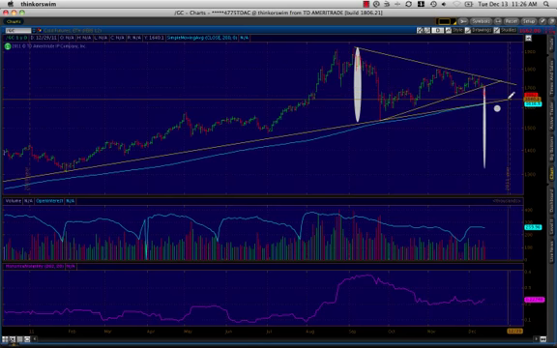So we're looking for something a little bit more aggressive in this case in gold, and we will put on an aggressive bearish position if we get this break below this uptrend support line. It may take another week or two before that actually happens, but given the price action here, we think there's a good possibility.